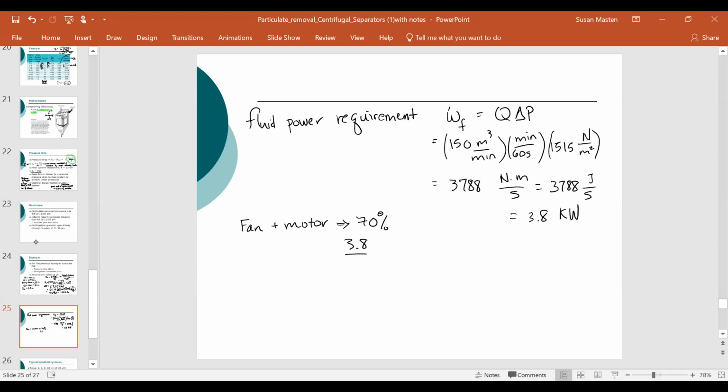So it's 3.8 divided by 0.7, and that is 5.4 kilowatts, which means that we need about a 7.25 horsepower motor to operate this system.